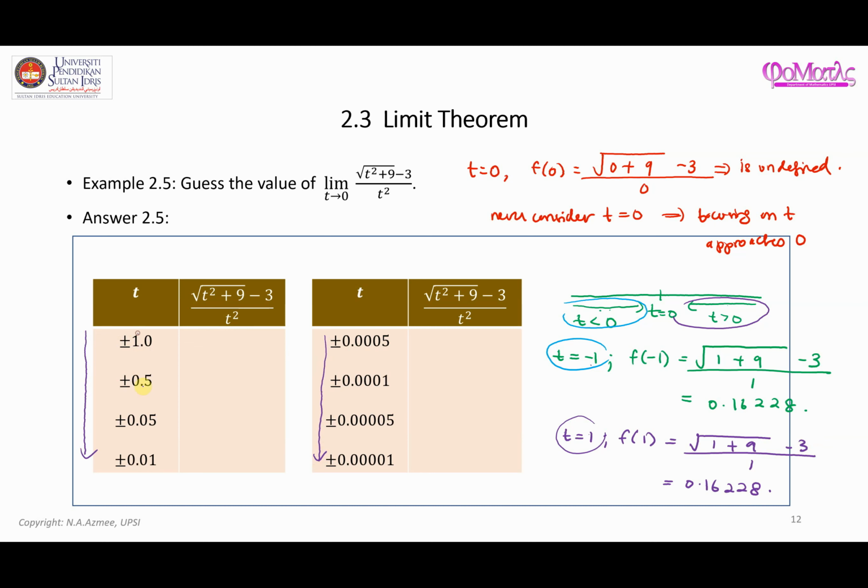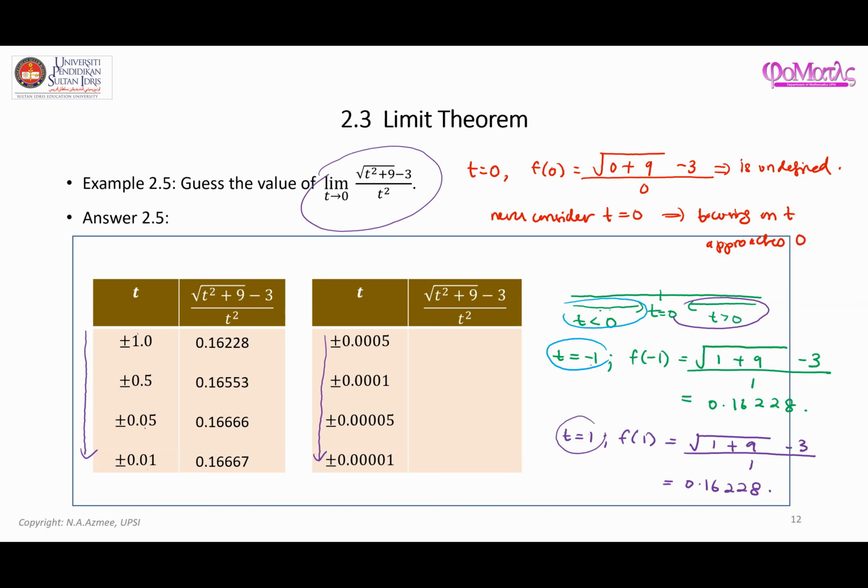The values here get closer and closer to 0. I believe you can complete this whole table by yourself. I'm just giving you some results for you to compare, and then you can go on to complete the table and finally guess the value of this function when t approaches 0.